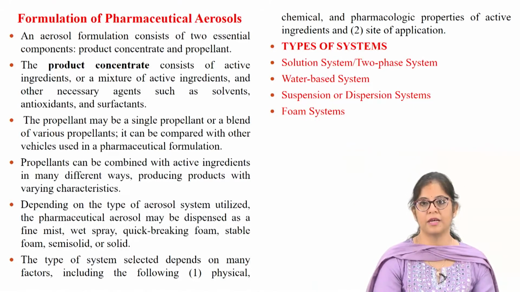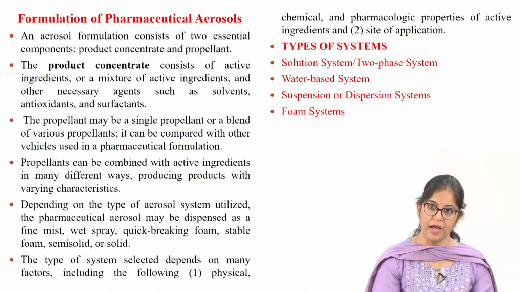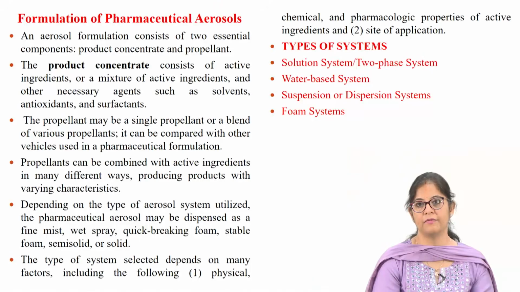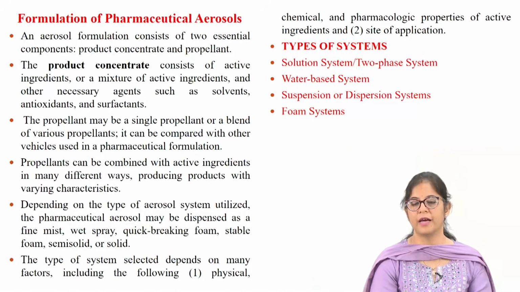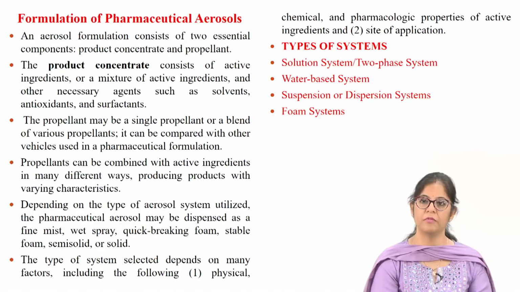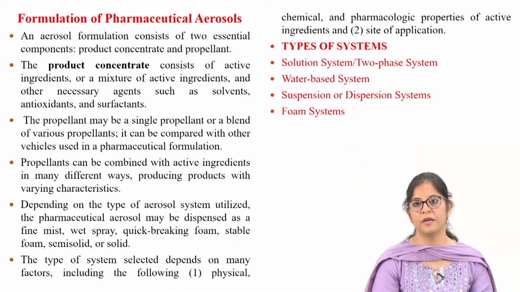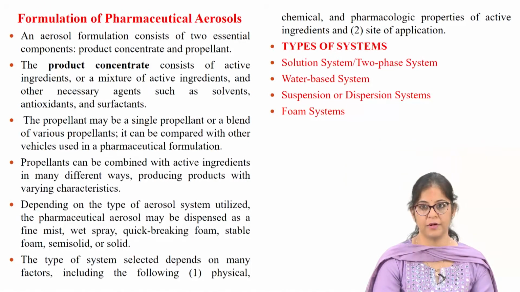The propellant can be combined with the active ingredients in a number of ways, producing products with various characteristics. Depending upon the type of aerosol system used, the pharmaceutical aerosols may be dispensed as a fine mist, wet spray, quick breaking foam, stable foam, semi-solid or solid.